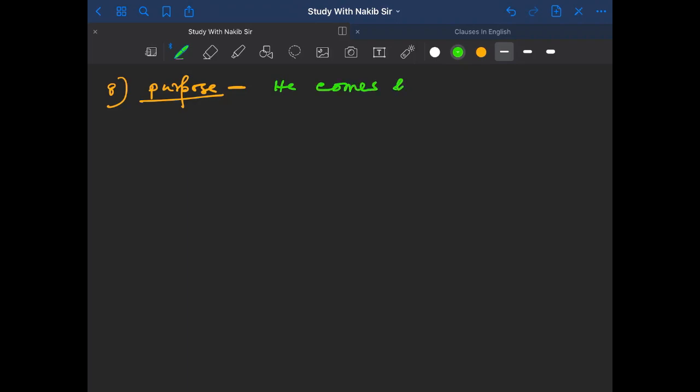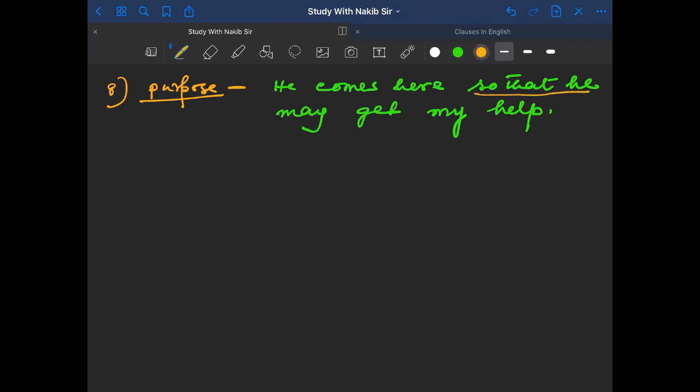He comes here so that he may get my help. He comes here. Why? What is the purpose? The answer is this clause. So it is an adverb clause, and the rest one is the principal clause.